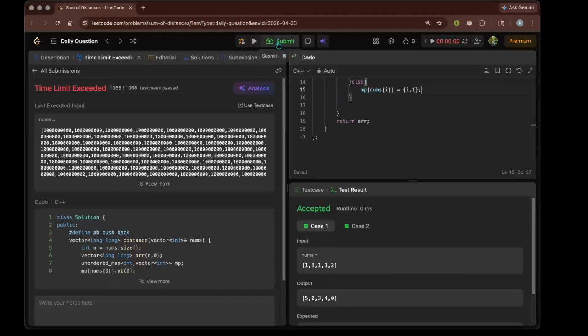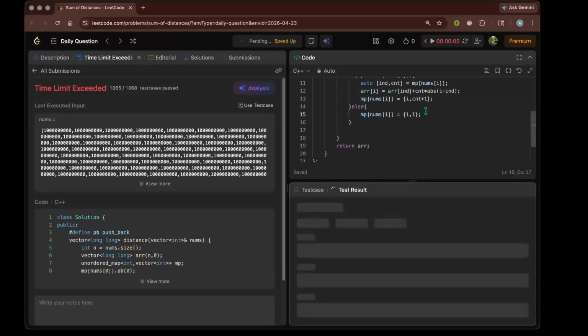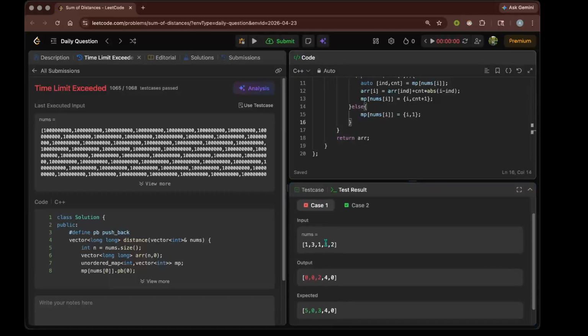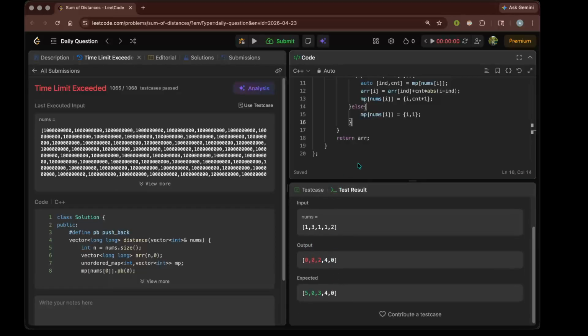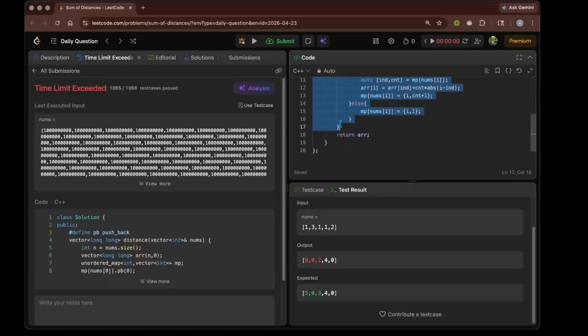Let's see. Should work for the forward loop, but we should require a backward loop also. Nicely we have done it. Now let us do it for the backward loop also.